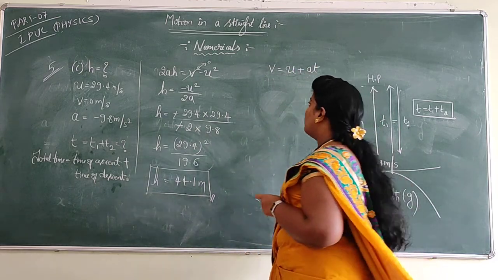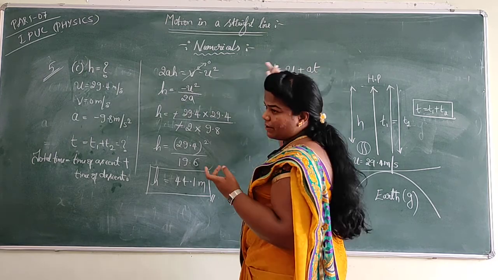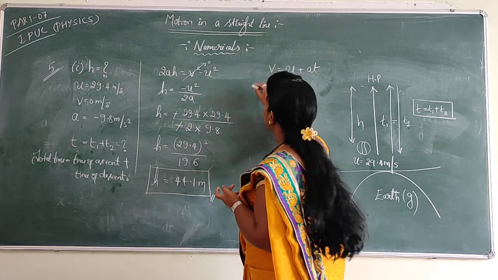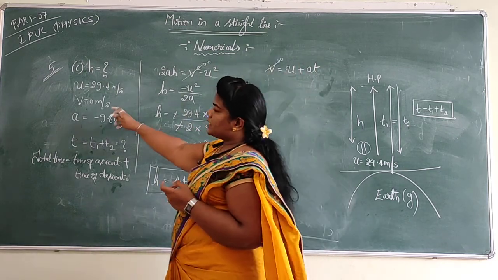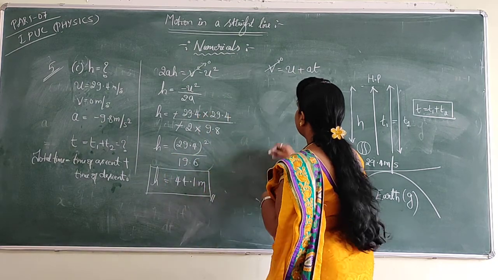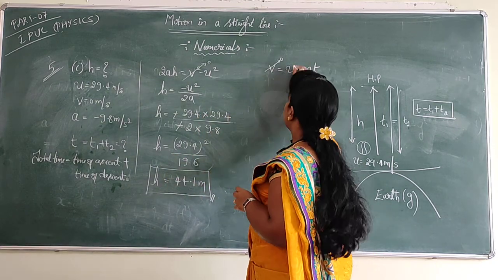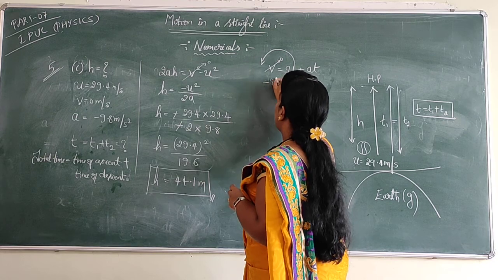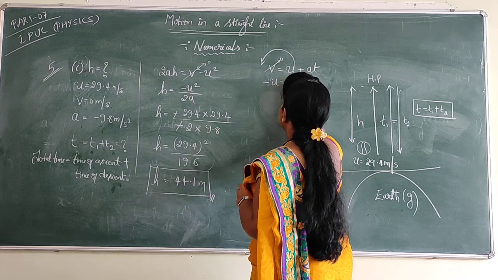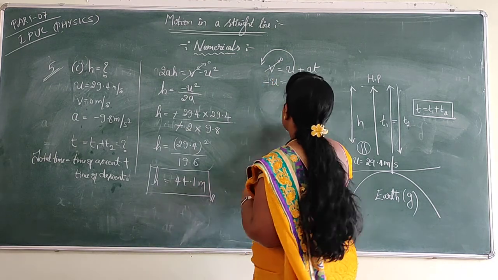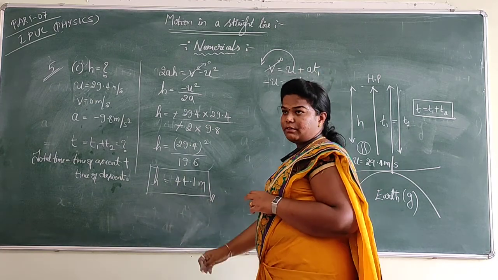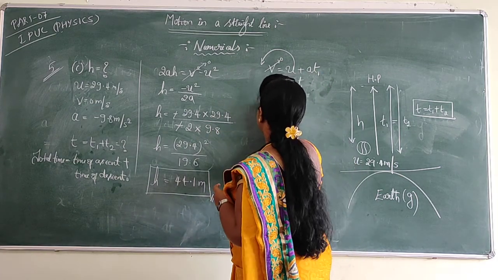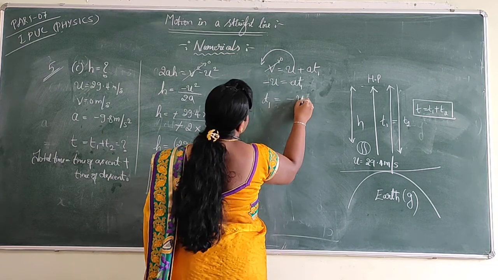Now simply you can write here v is 0. Why? Because at the highest point v is equal to 0 meter per second. So rearranging the terms, if I shift this to this side, minus u becomes equal to at. I am writing it as T1 for one side of the journey. So T1 is equal to minus u by a.